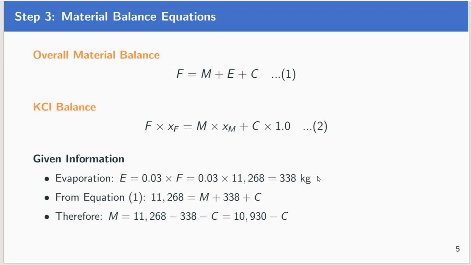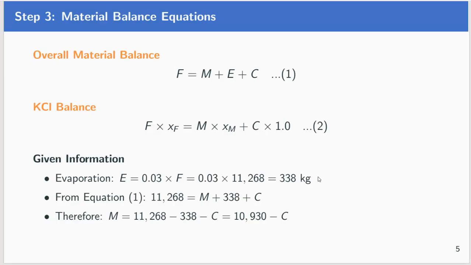F times Xf is equal to M times Xm plus C times 1.0. Why C into 1? Because in the crystal only KCl is there.